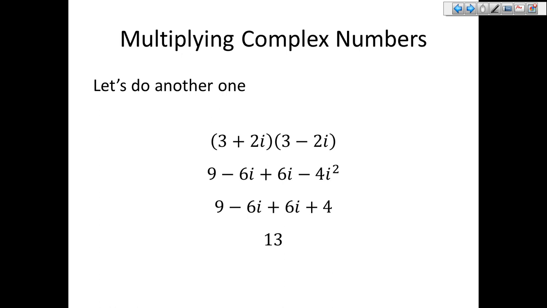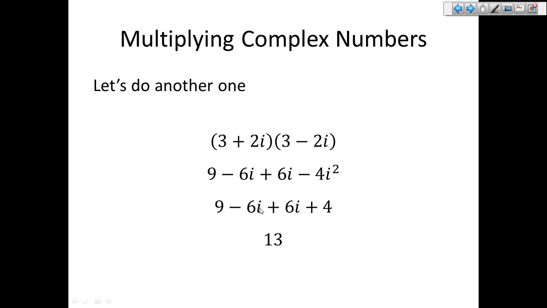That's pretty special. These two numbers are complex conjugates. Remember that from a couple sections ago. The exact same first number, the exact same imaginary number. It's just that the signs in between are different. Whenever you multiply complex conjugates, you always get a real number.